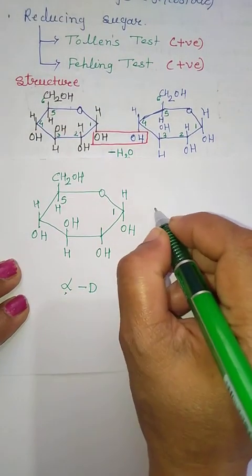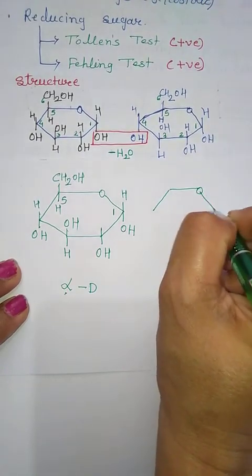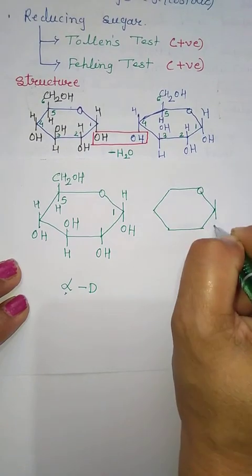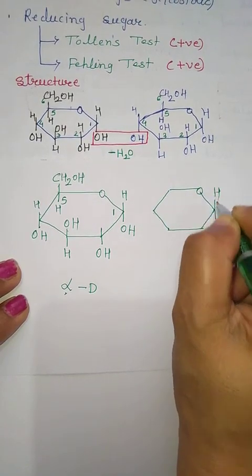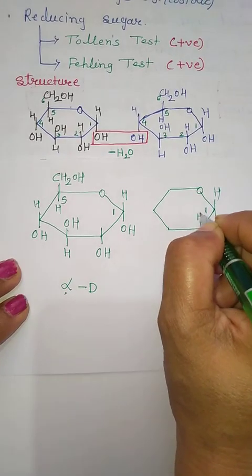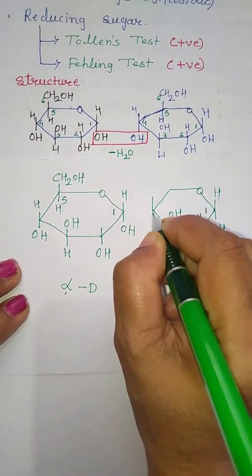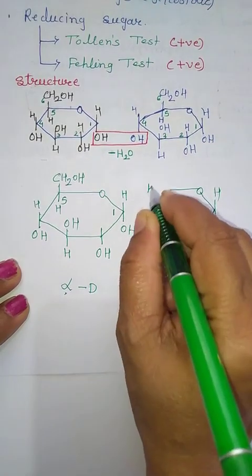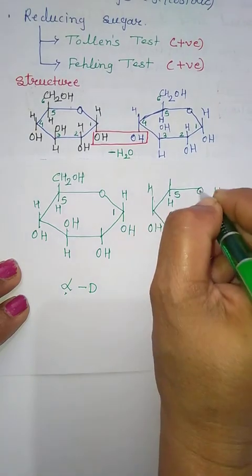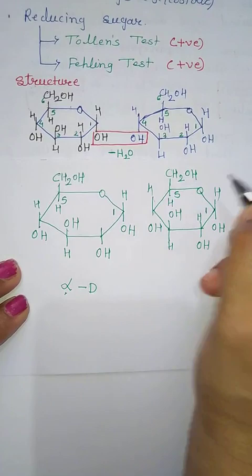Let us make another molecule the same way. Both monosaccharides are the same, so we are going to draw the structure. This is again alpha. This is carbon 1, this is carbon 2, this is carbon 3, this is carbon 4, and this fifth carbon is bound to the first carbon with the oxygen, and this is CH2OH.